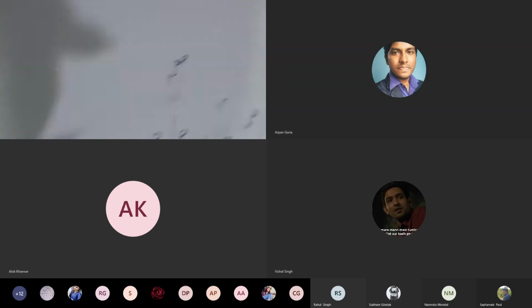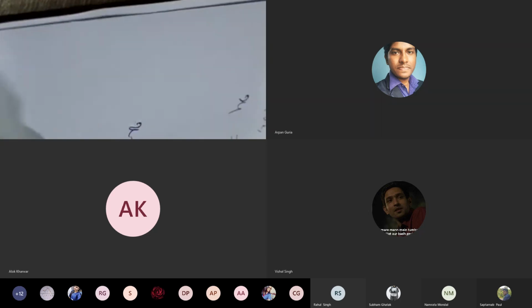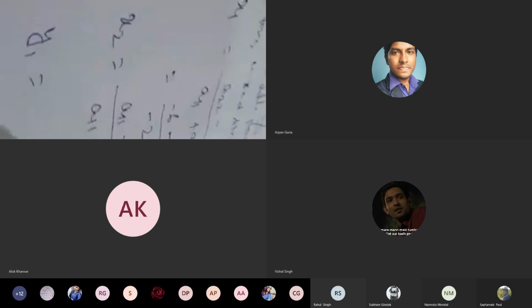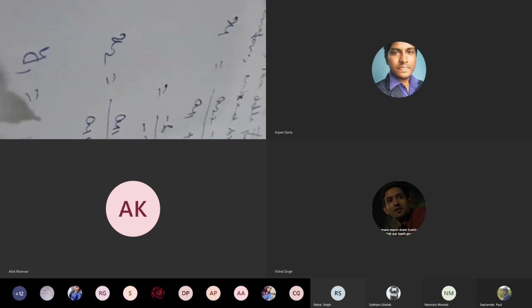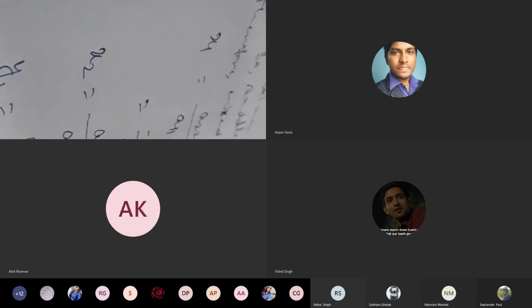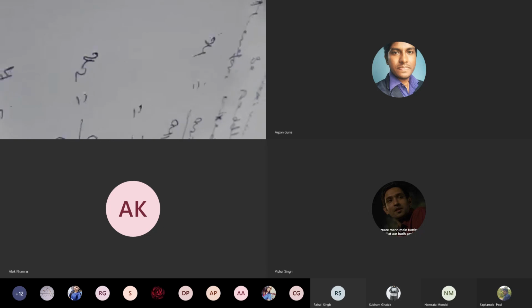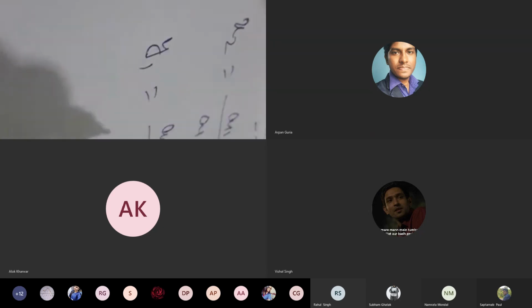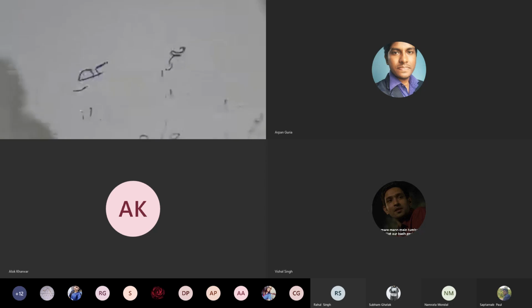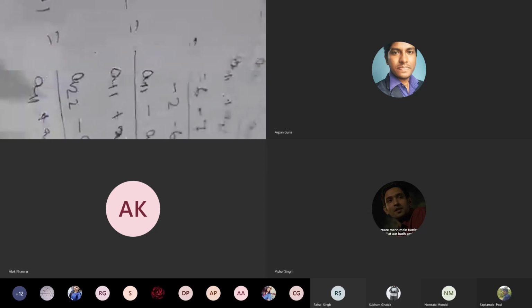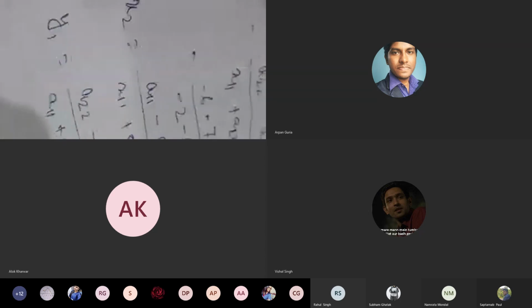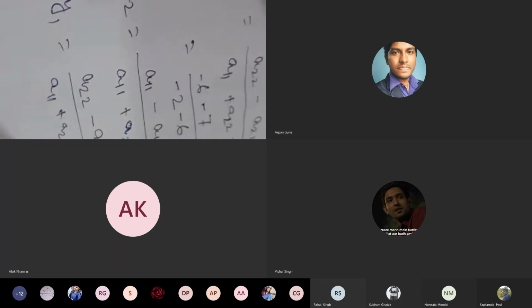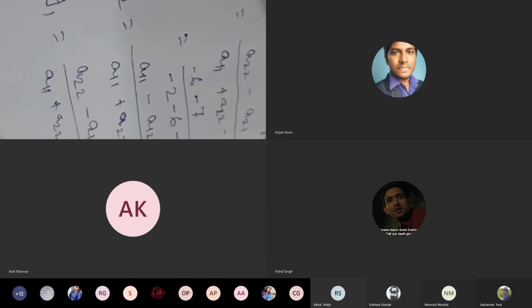Similarly, you calculate y1 equal to (A22 minus A12) divided by (A11 plus A22 minus (A12 plus A21)).